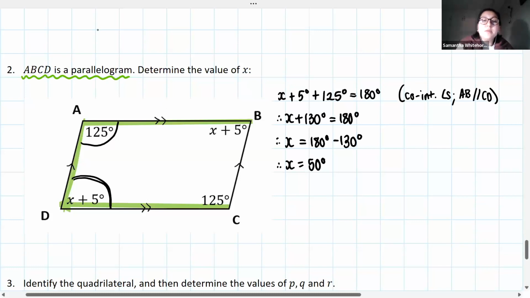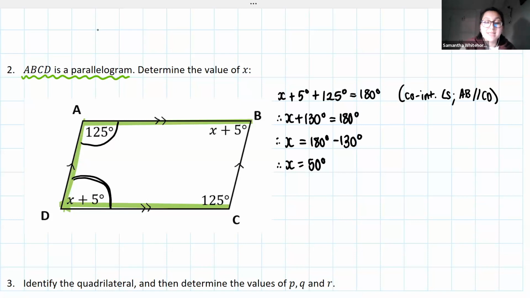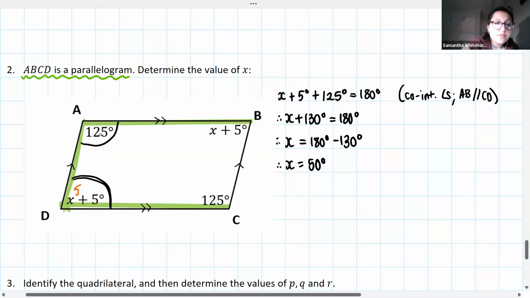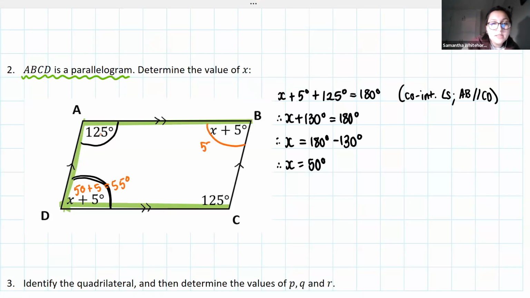You guys have told me multiple times that if we add all 4 angles in a quadrilateral, we must get 360 degrees. So if I now substitute that information in, 50 plus 5 is 55 degrees. That's then the same opposite it. Now, if we add all 4 of these up, so 125 plus 55 is 180.